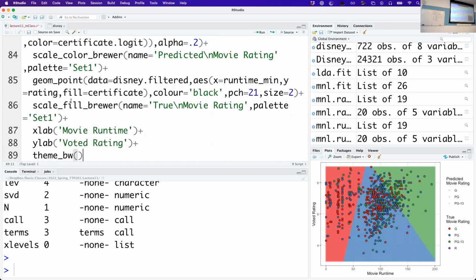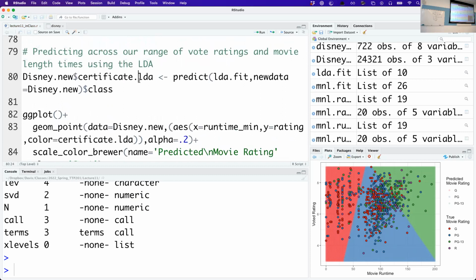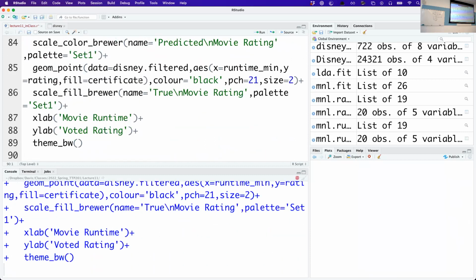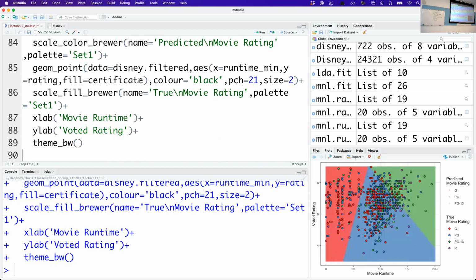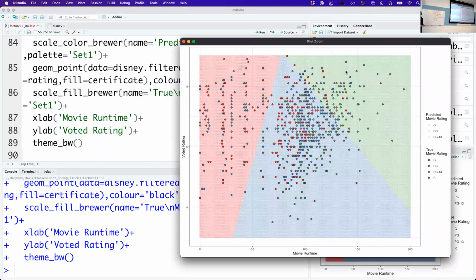And all I'm going to change is my new predicted ones, where I'm going to do it from the LDA instead of the Logit. Okay, so run the predictions and then make the plot. And in this case, it'll look something like this. The predictions are relatively similar, but there are some that are slightly different, okay?